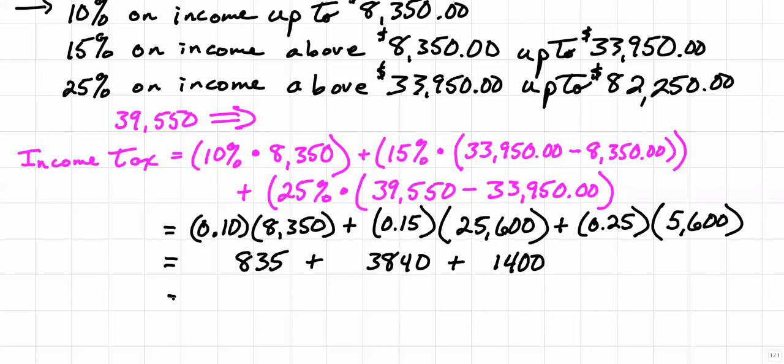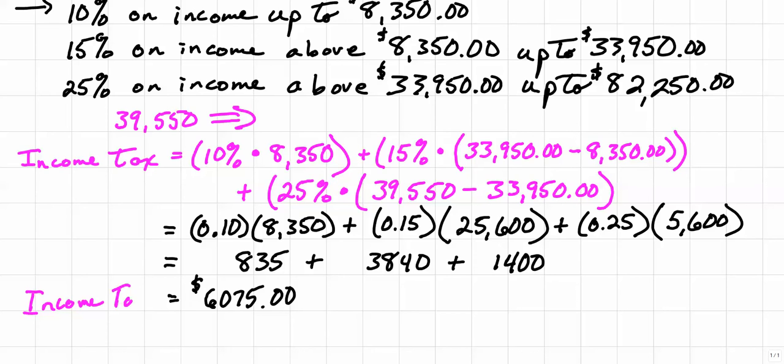And then we will add the three of these together to find out what the income tax is. And when we add them together, we get 6,075. So that is the income tax on the taxable income.